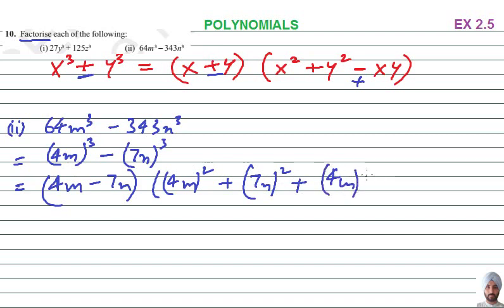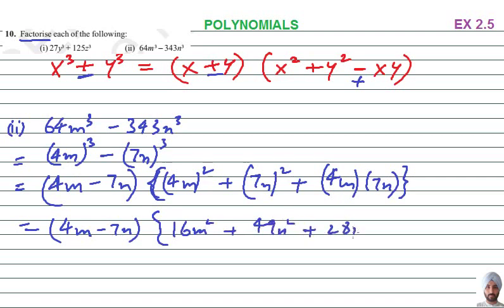So 4m into 7n. I am applying curly brackets, you can apply square brackets also. So (4m minus 7n), you are not going to do anything with this. Then we have 4 4s are 16, m square, 7 7s are 49, n square, and 7 4s are 28, mn.